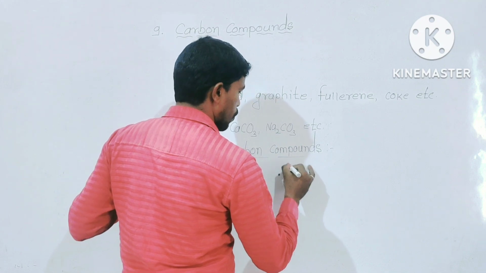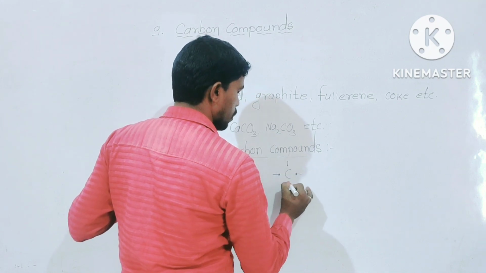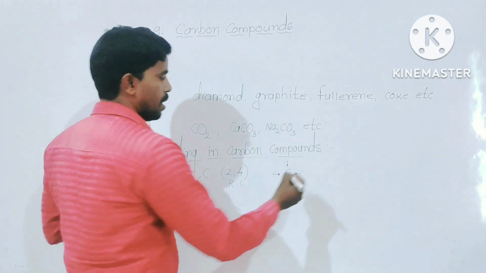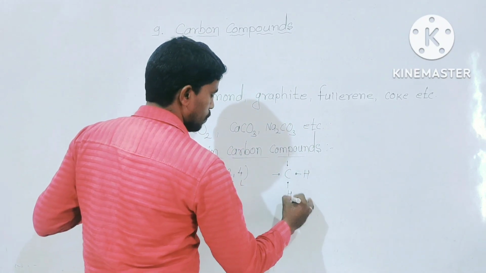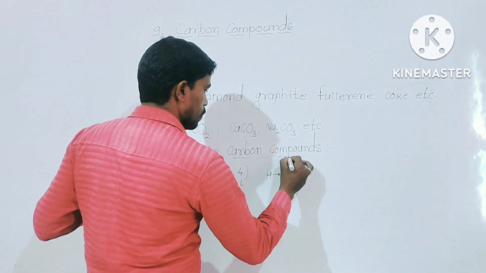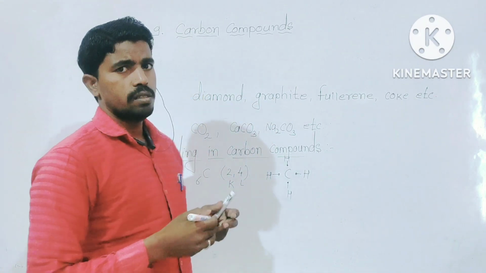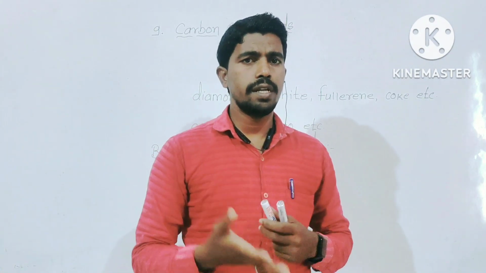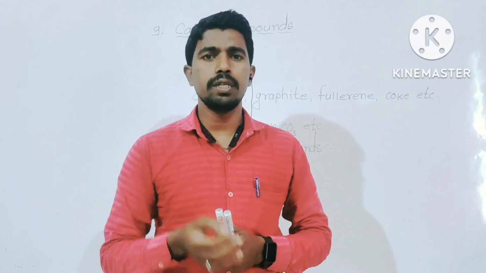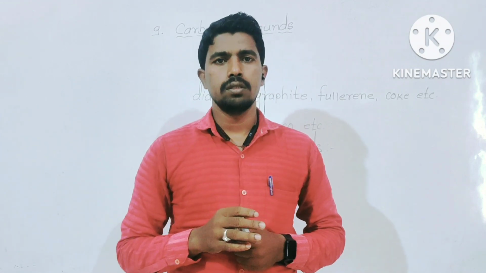These are the 4 electrons. Carbon shares 4 electrons with other elements such as hydrogen, or other elements such as halogens, oxygen, nitrogen, etc., and forms covalent bonds.